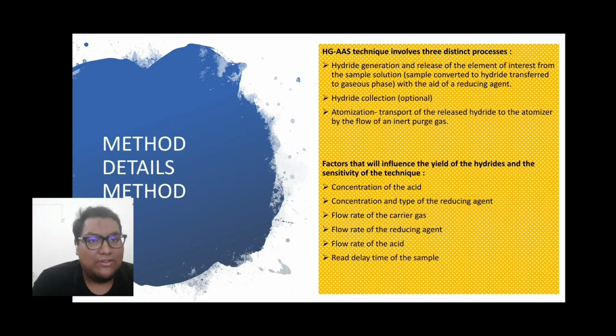Next is hydride collection, and the third one is atomization, which is the transport of the released hydride to the atomizer by the flow of an inert purge gas. Factors that influence the yield of hydrides and sensitivity of the technique include the concentration and type of the acid and reducing agent, the flow rate of the carrier gas, reducing agent, and acid, and also the delay time of the sample.